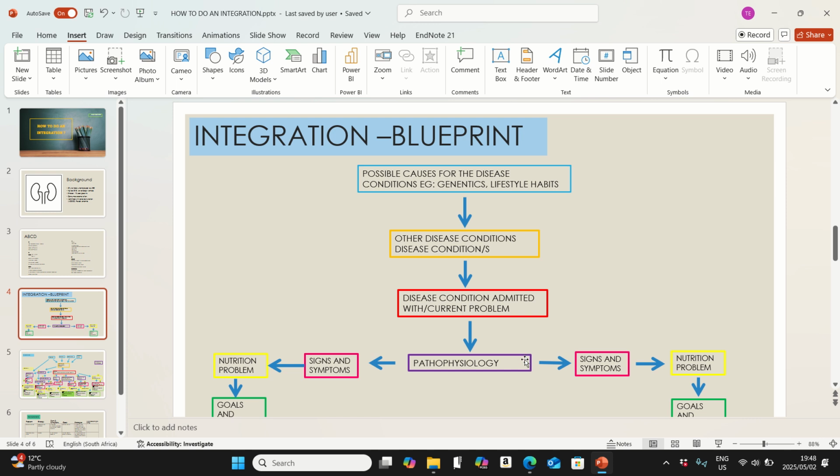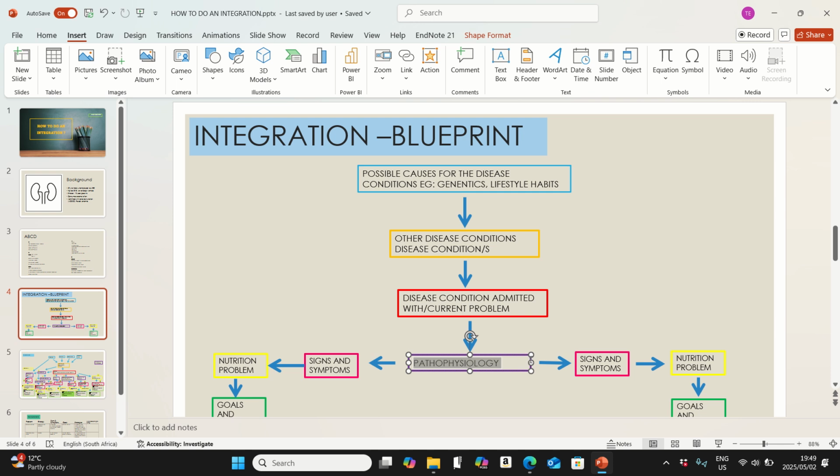And then I find this, during my third and fourth year, and only towards the end of the clinical block in my fourth year, did I include the pathophysiology, which is important to include. It helps you understand the disease better. It helps you understand where nutrition comes in.